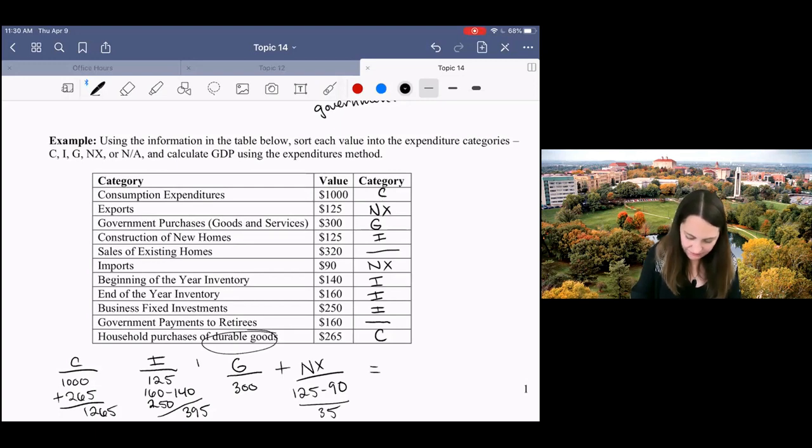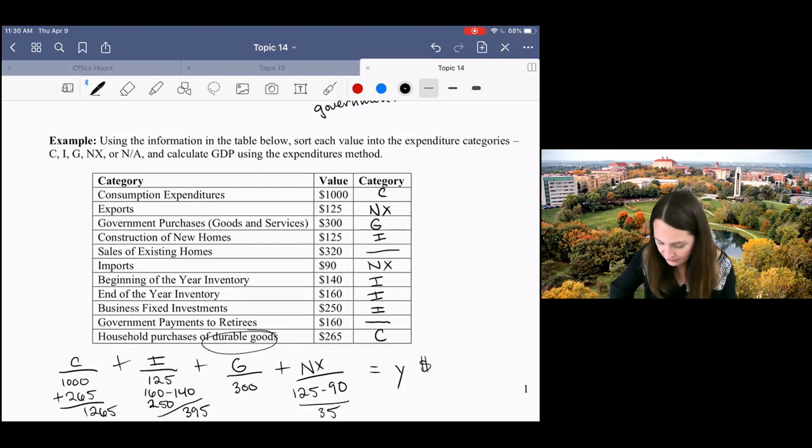And total, that gives me Y, which is total expenditures, which is our measure here of aggregate income and aggregate production.